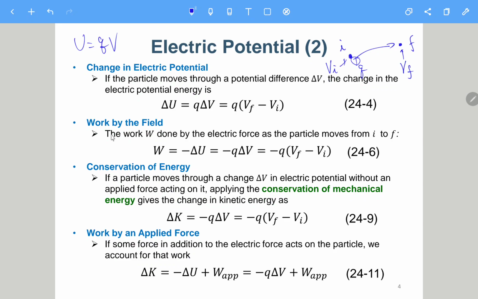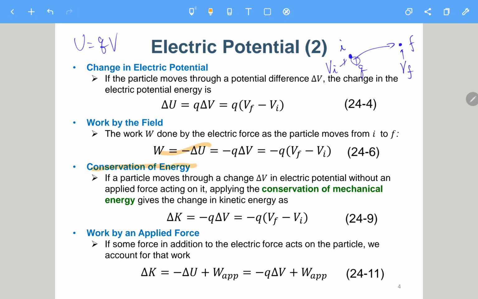Similarly, if we consider the work done, the work done will be negative delta U, so we just plug this one to here, so we have a negative sign. And then here we also consider the conservation of energy, 能量守恒. In mechanical cases, this might not be true because there might be some frictional force to consume the energy.